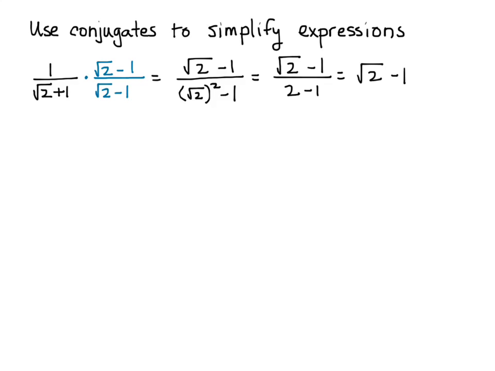And so we just get 1 as the denominator, and once we get a denominator of 1, we can just eliminate it and write the square root of 2 minus 1. Now isn't this kind of interesting that the reciprocal of this expression is the conjugate.